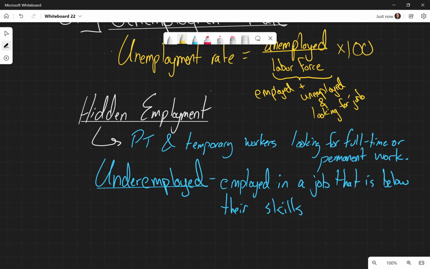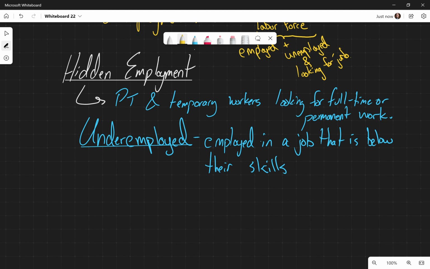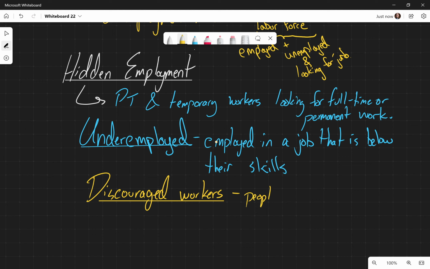Another definition in our hidden employment category is what are called discouraged workers. Discouraged workers often mess with our unemployment numbers because in a way they should be counted as unemployed, but these are people who have stopped looking for employment.